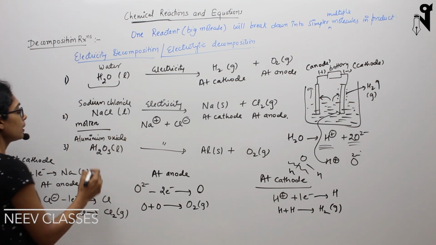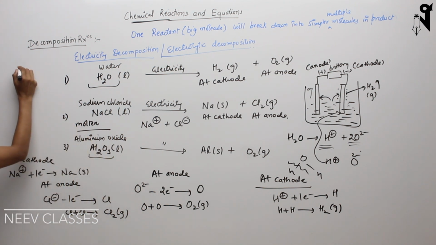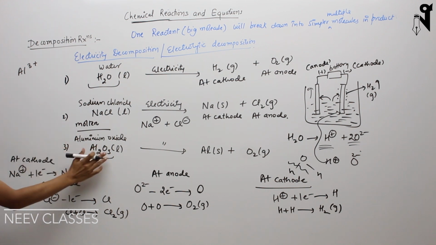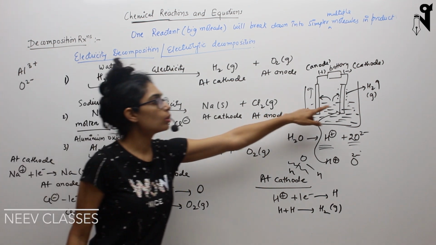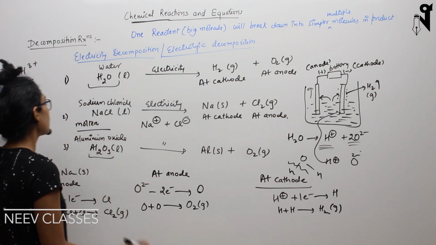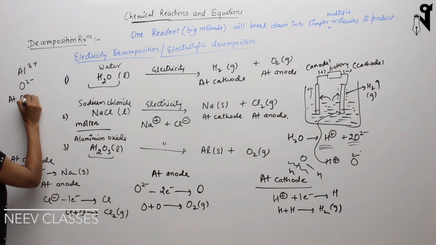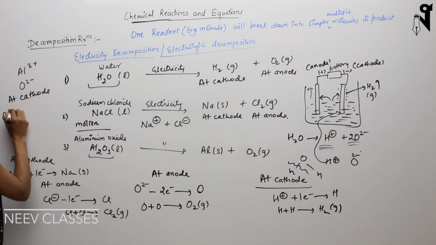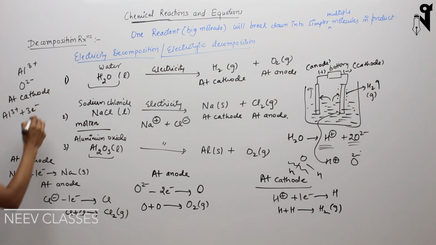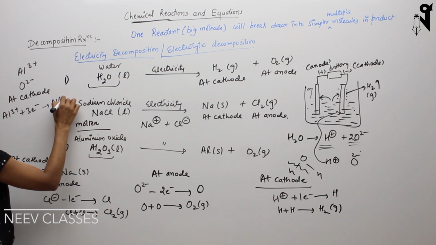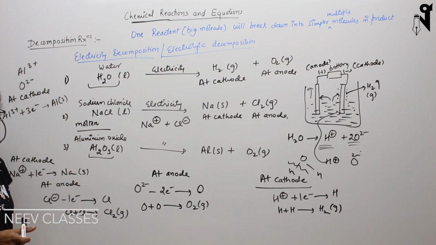Now what will happen? Aluminium's valency is 3+. So when Al2O3 breaks, Al will break as Al3+ and oxygen will break as O2-. Again Al3+ will go to cathode and take the electrons from there. Al3+ will take 3 electrons to neutralize itself, will become Al solid and will get deposited on the cathode.